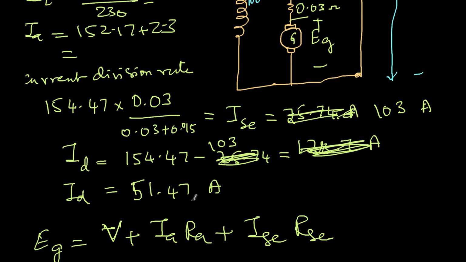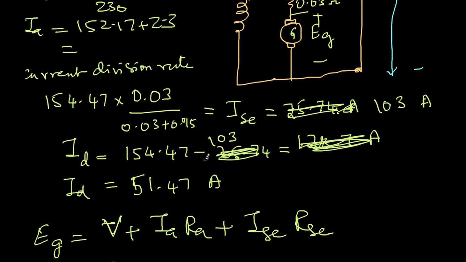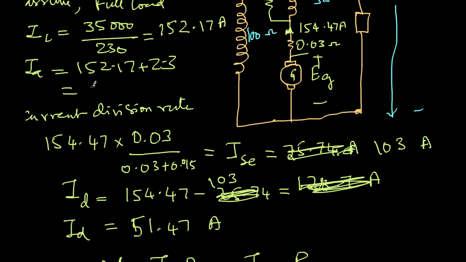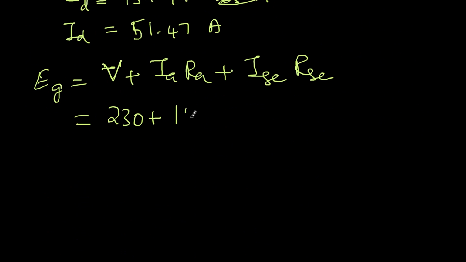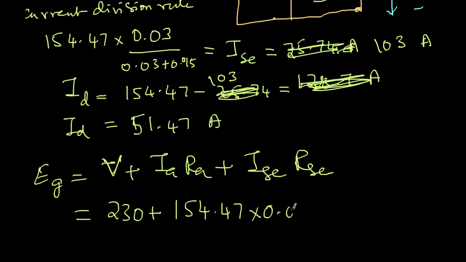So output voltage is 230 volts. Armature current is 154.47, multiplied by armature resistance, which is 0.03, plus ISC RSC.